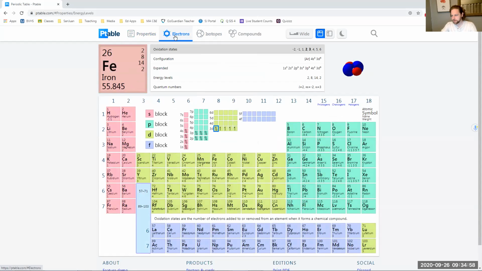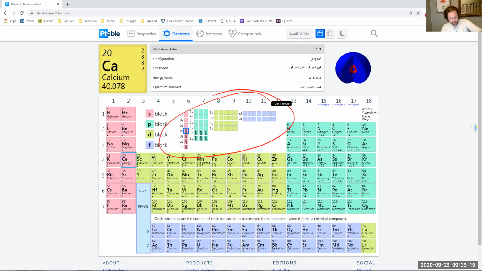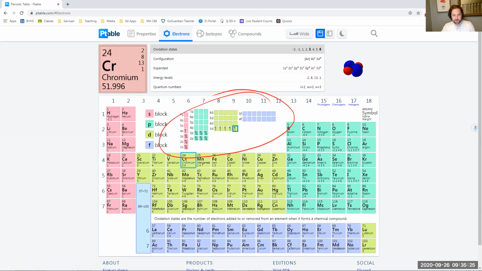At the top, you can switch to electrons, and then it'll show you the orbital diagram right here in the middle. As you fill up potassium, then calcium, you can see the 4s filling up. Then you go scandium, there's a 3d electron in the middle, titanium, vanadium. These are all assuming ground states.